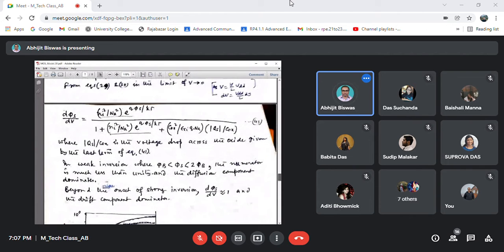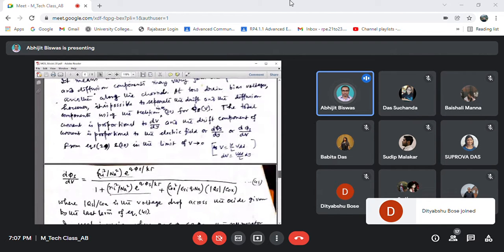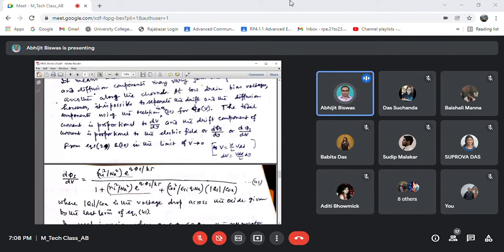So now I come to another important point. You know that the total drain current is proportional to dV/dy. And the drift component of current is proportional to the electric field along the channel, or you can say it is d phi s/dy, and this can be transformed to d phi s/dV.